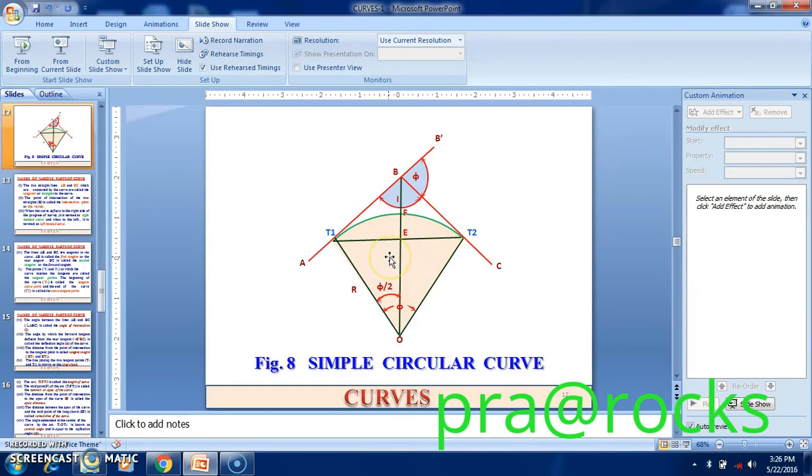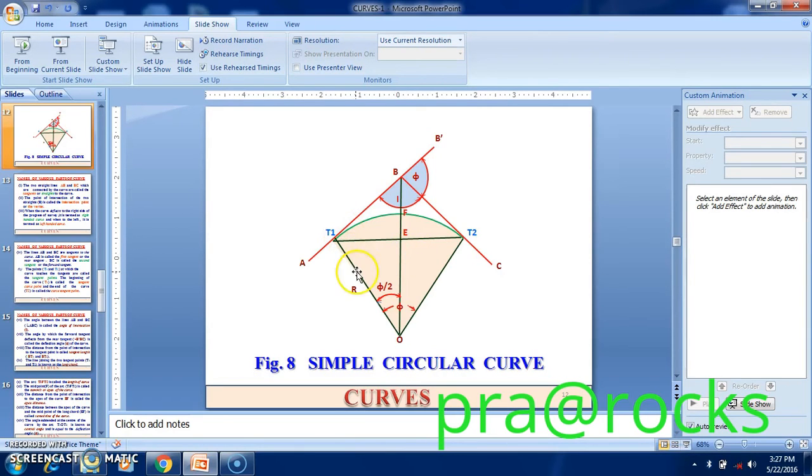BF gives the apex distance of the curve, and EF is termed the versine of the curve.